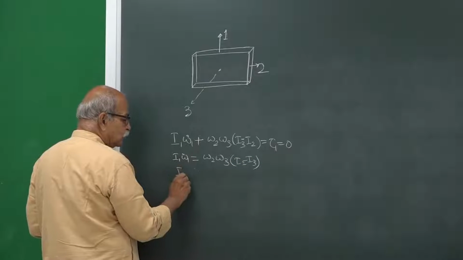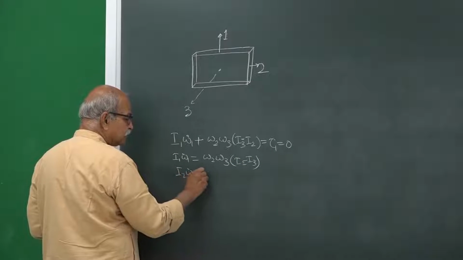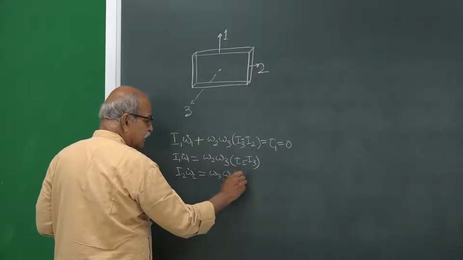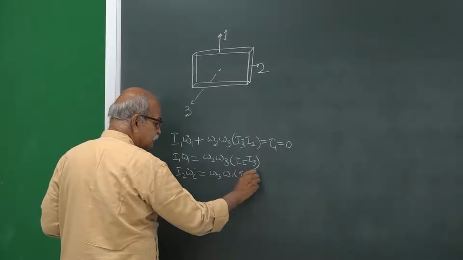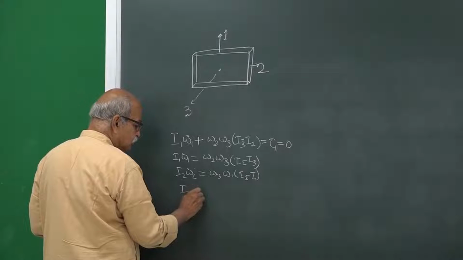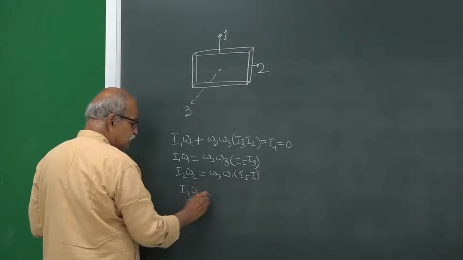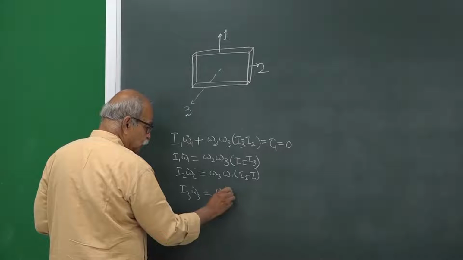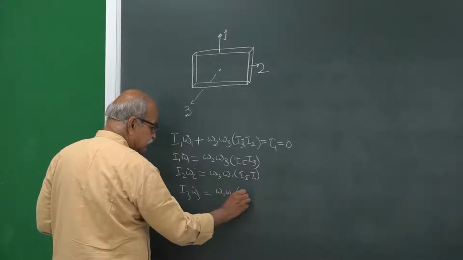Similarly, I2 omega 2 dot will be omega 3 omega 1 (I3 minus I1), and I3 omega 3 dot will be equal to omega 1 omega 2 (I1 minus I2).